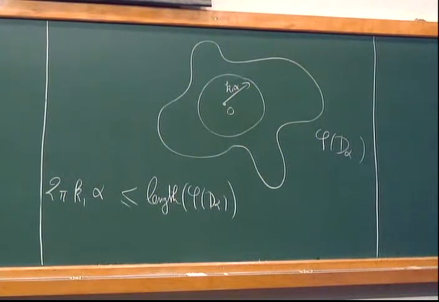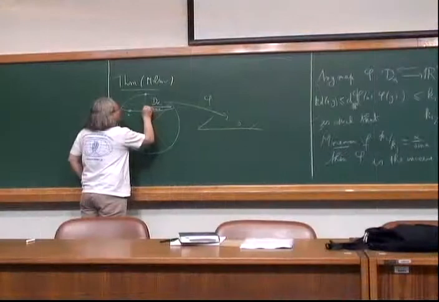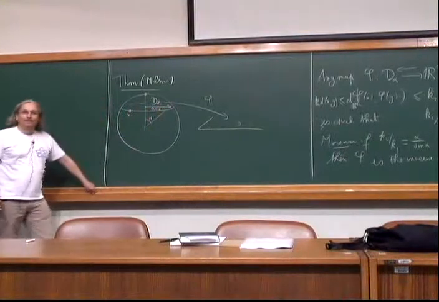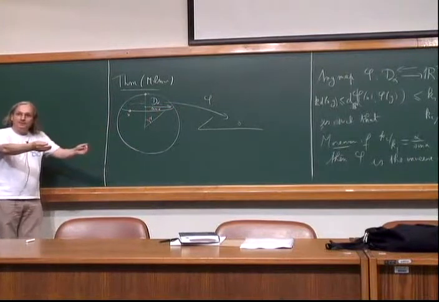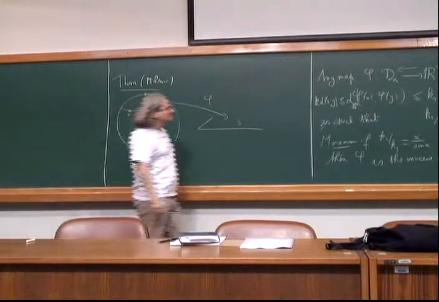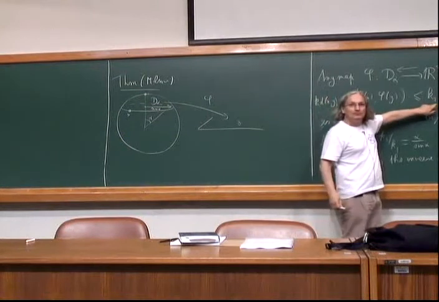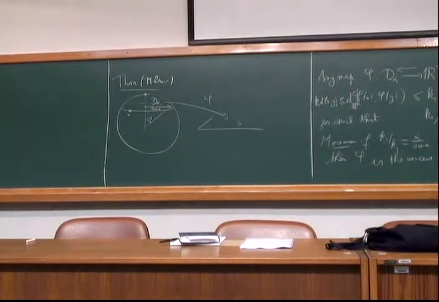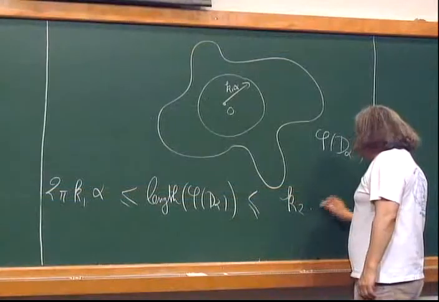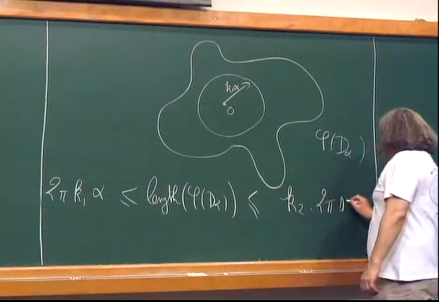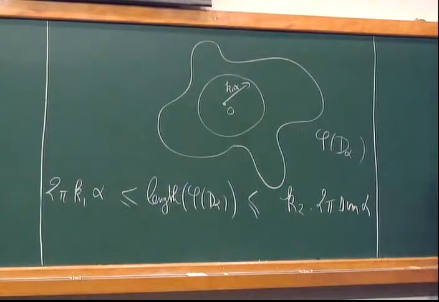The boundary has length 2 pi sine alpha, because the radius of this circle here is sine alpha. So under the map, since we have a Lipschitz constant k2, the length of phi of the boundary of D alpha is less than or equal to k2 times 2 pi sine alpha.